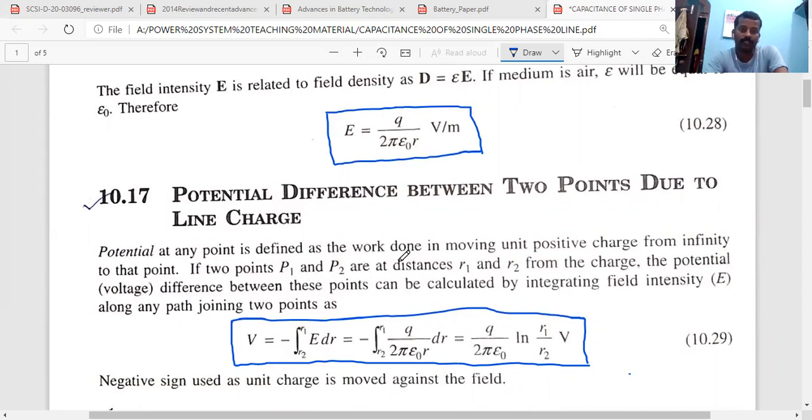Suppose P1 is at distance R1 and P2 is at distance R2. Hence, the potential difference between these two points will be the integration from R2 to R1 of the electric field intensity E, and after the integration, this will come to Q upon 2 pi epsilon naught ln R1 by R2.